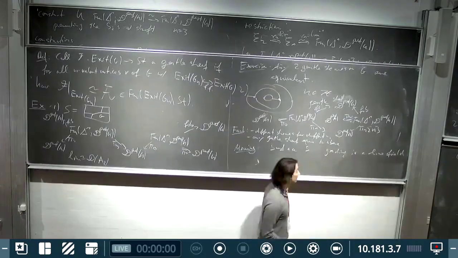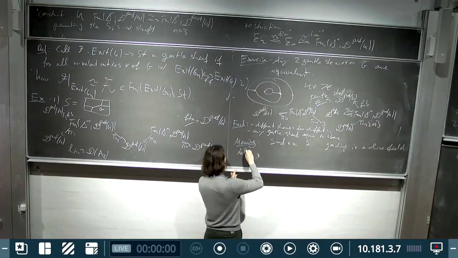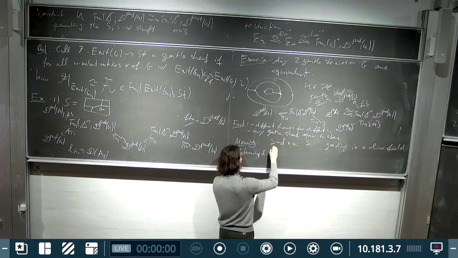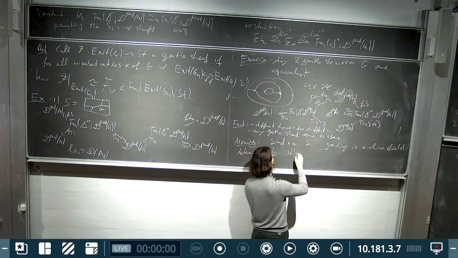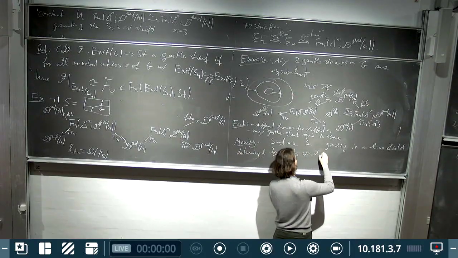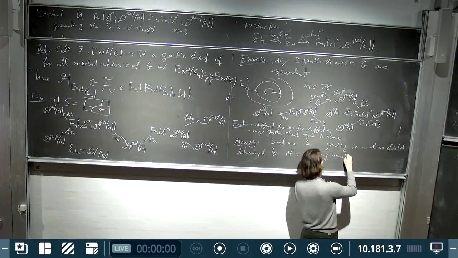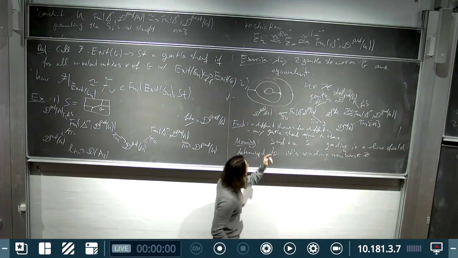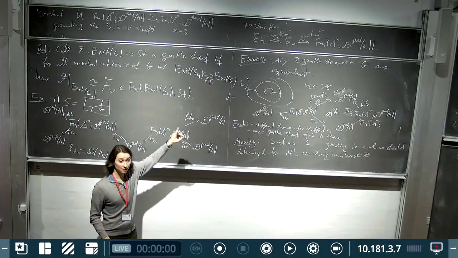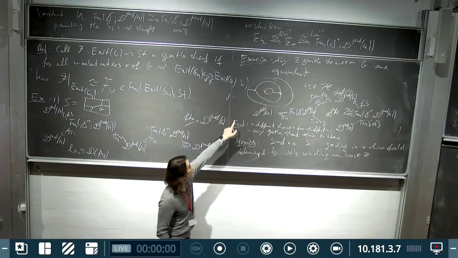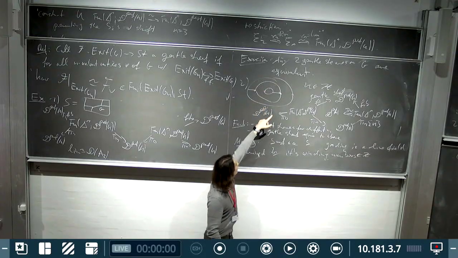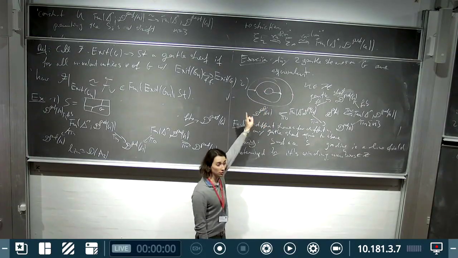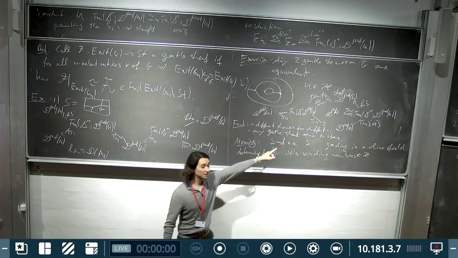And the line field is determined by its winding numbers, which are inside of Z. And if you're on the annulus, the line field is determined by a unique winding number, which is the winding number along the loop which goes around the middle. And so this winding number is the shift by n.